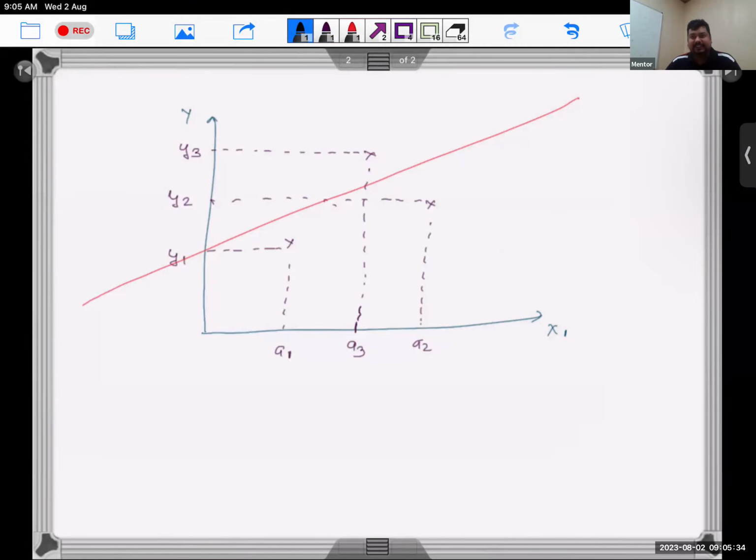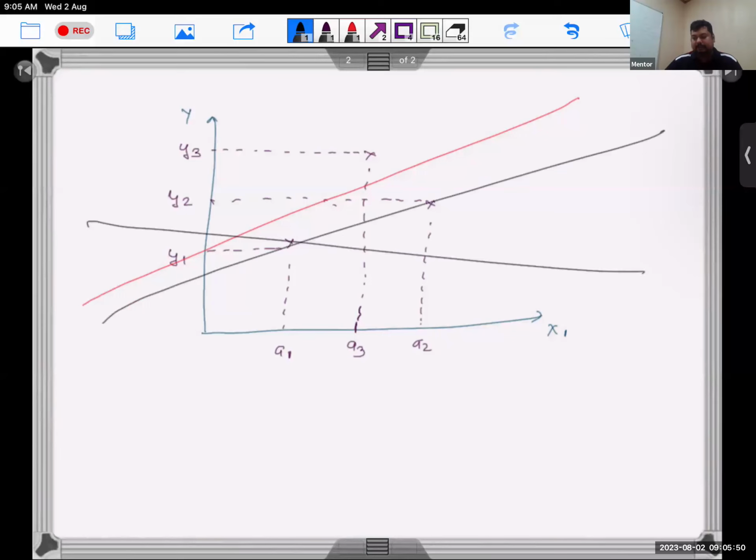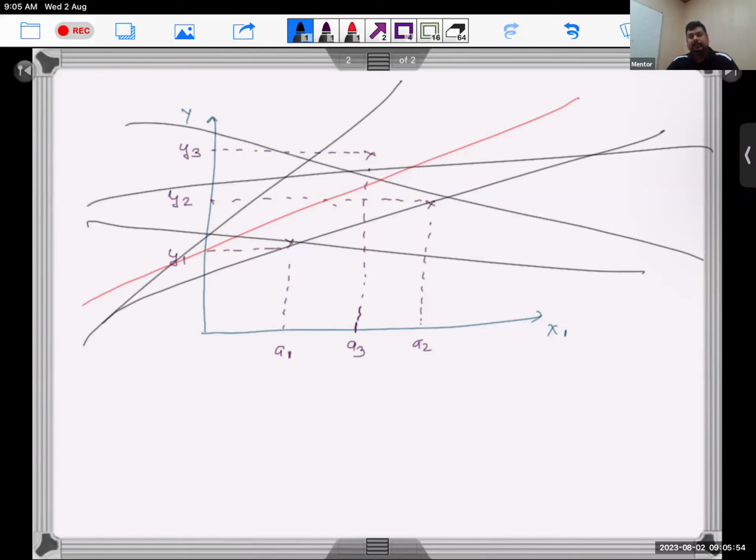Do you guys remember what we discussed in the last class about linear regression? What is the motivation behind it? We want to fit a line to this data that we have. Now, this line can be anywhere, right? So how do I decide which line to pick?